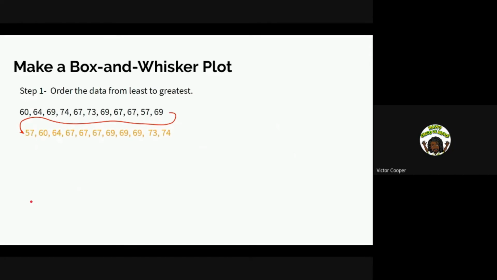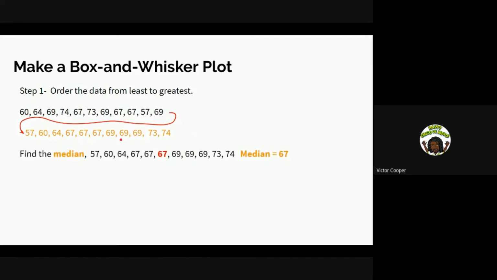We started off with a list of numbers, but the biggest numbers are somewhere towards the end and the smallest number is somewhere towards the other end. We really want these in order. So these numbers flipped around to become these numbers in order. 57 is our lowest, going through all these numbers in between, okay?